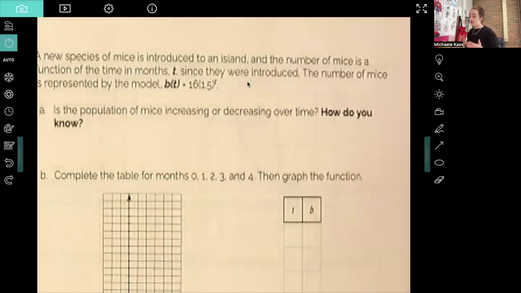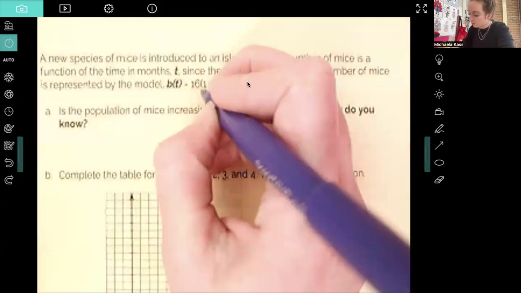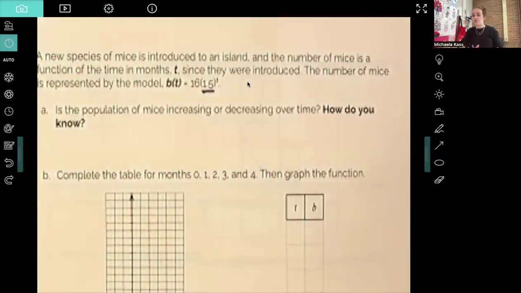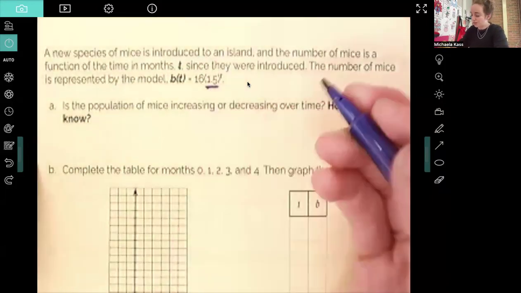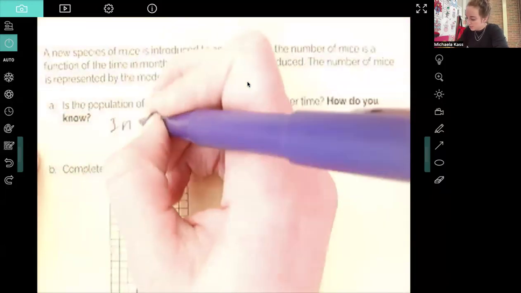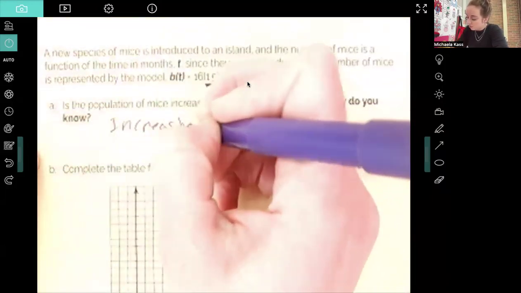So what we need to look for is our growth factor, right? Or our decay factor, aka the number in these parentheses. And ask yourself, is 1.5 larger than 1 or less than 1? It's larger than 1. So if it's larger than 1, it's increasing. So it is increasing. And how do we know this?